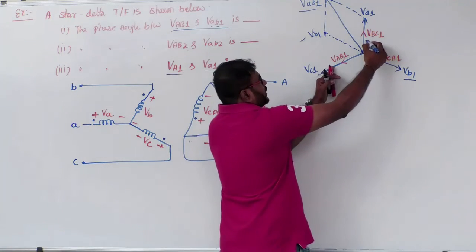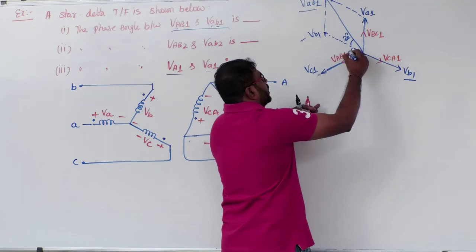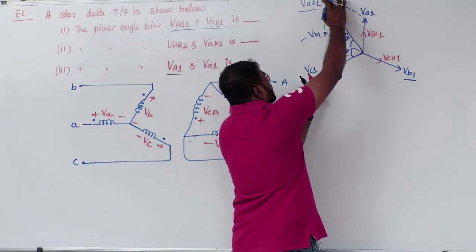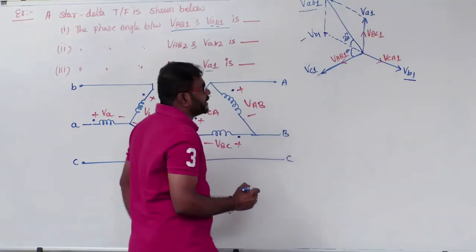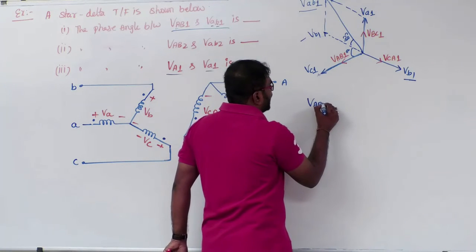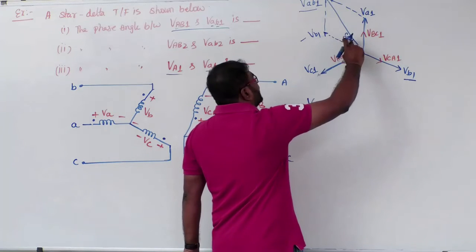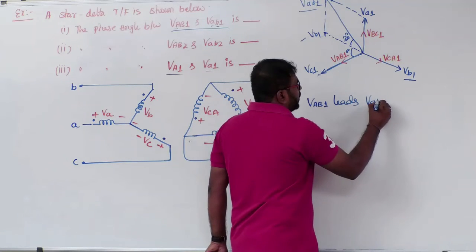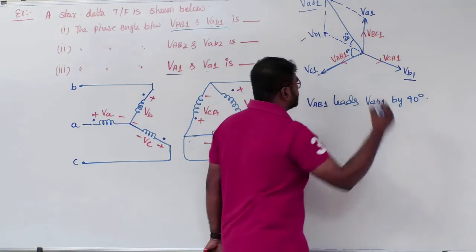Now just check. From here to here is 120 degrees, here to here is 60 degrees. This is 30 and this is 60. That means what is the angle between capital VAB1 and small VAB1? 90 degrees. From this, what can you understand? Capital VAB1 leads small VAB1 by 90 degrees.